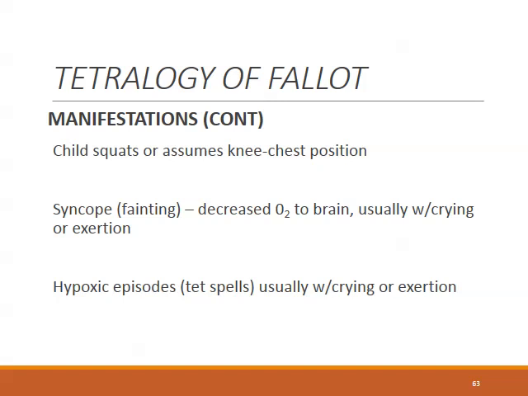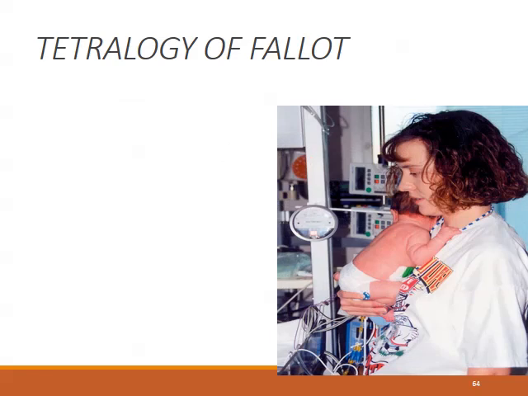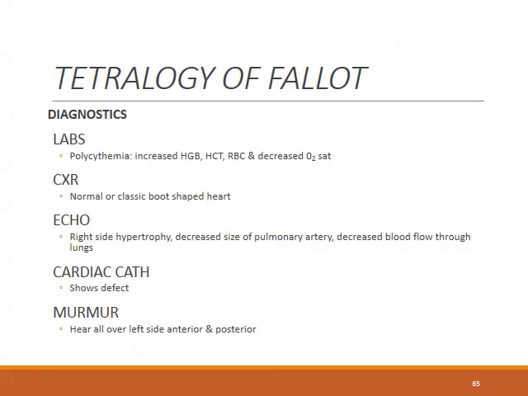And they're going to have hypoxic episodes, or TET spells, usually with crying or exertion. And this is just a baby that has tetralogy of Fallot, or however you want to say it.